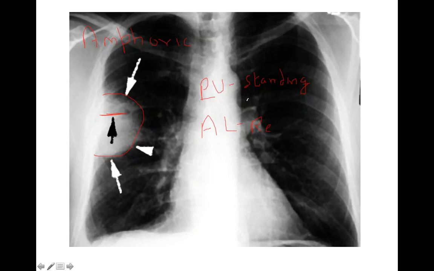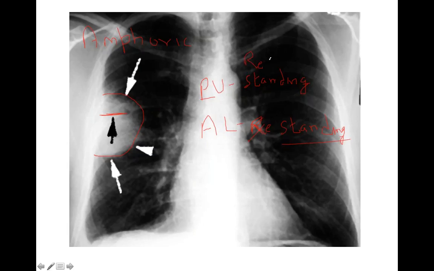Sorry, it's the opposite. If the patient is standing, then it is apical segment of the right lower lobe, because the secretions will go down. And if the patient is in recumbent position, then it is posterior segment of the right upper lobe.